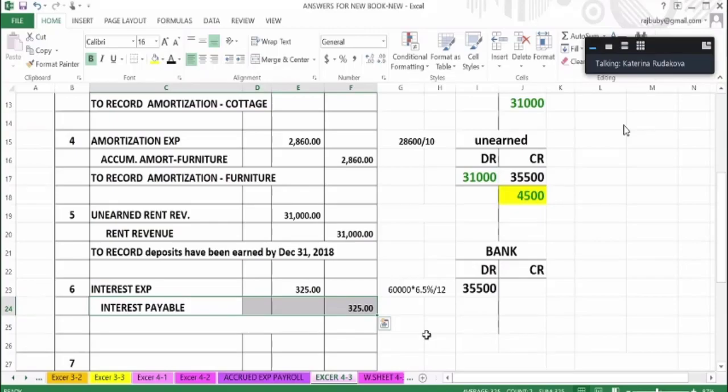Okay, number 7. The salaries accrued to the end of December 31st were 2,800. And we have salaries expenses, 153,000.